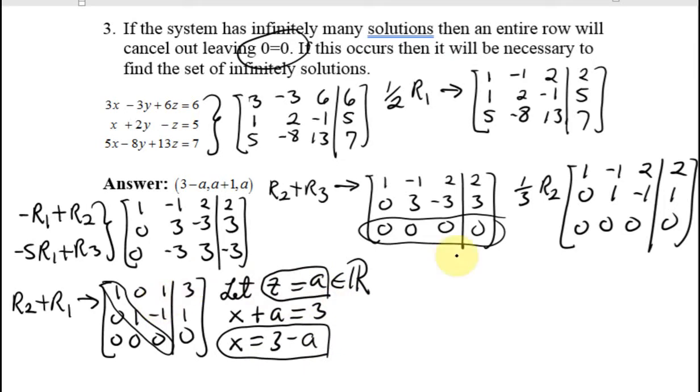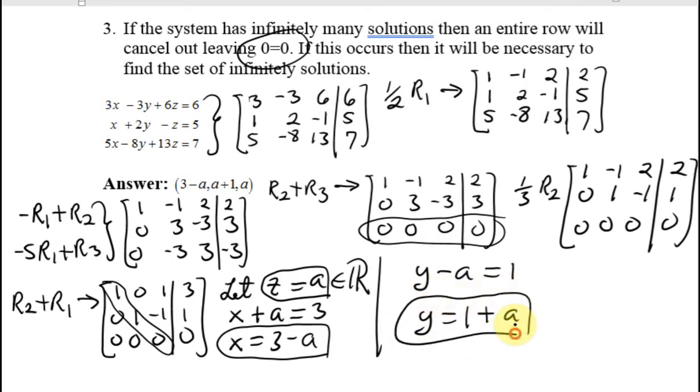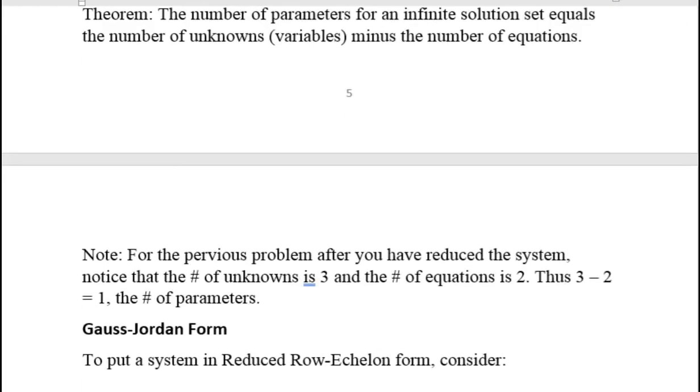Look at the second row, and we have y minus z, but that's now a, is equal to 1. So y is equal to 1 plus a. And from there you can see how we end up with that solution. Now let's continue. Let's look at the next problem.